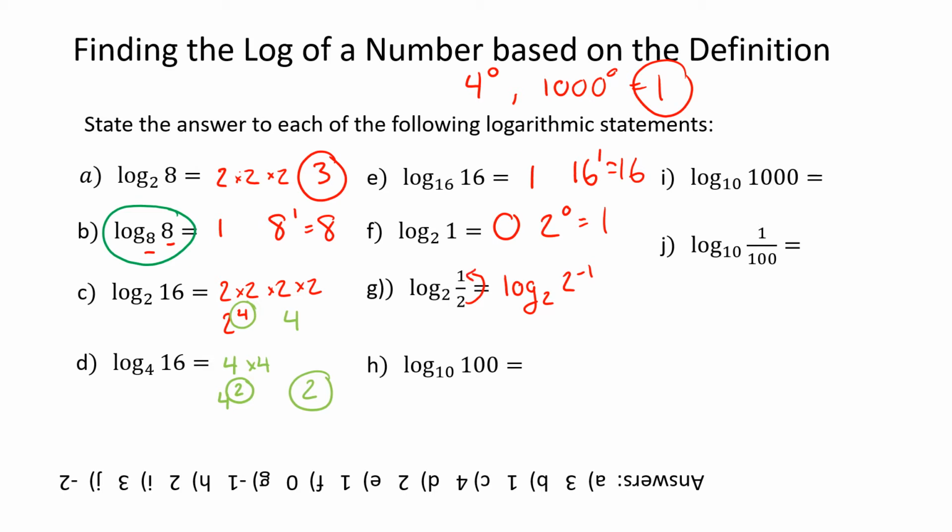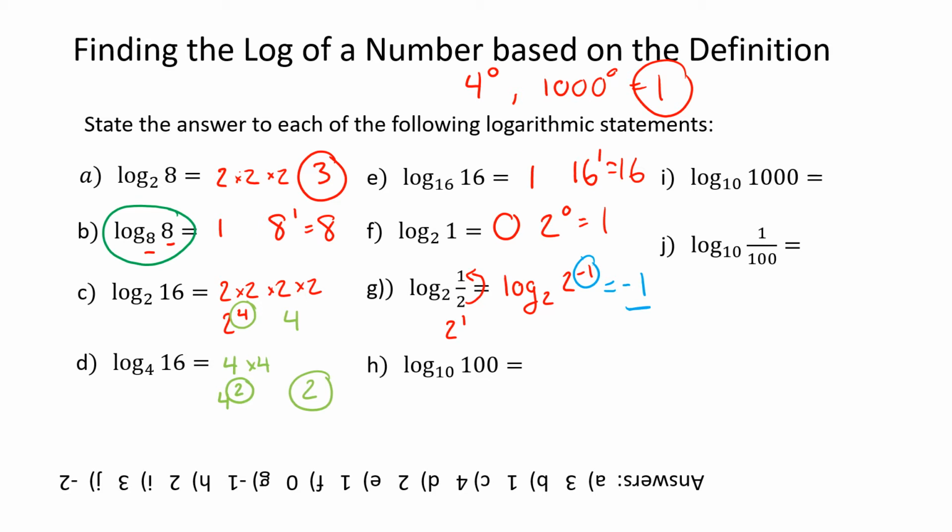Okay, remember, if it's just written as 2, that's the same as 2 to the exponent 1. So when you move it to the numerator, you get 2 to the exponent negative 1. Okay, well, you kind of have your answer here. So what exponent do you have to raise 2 to get 2 to the negative 1? It's the same exponent that's already written here. Okay, so the answer to this is simply negative 1.